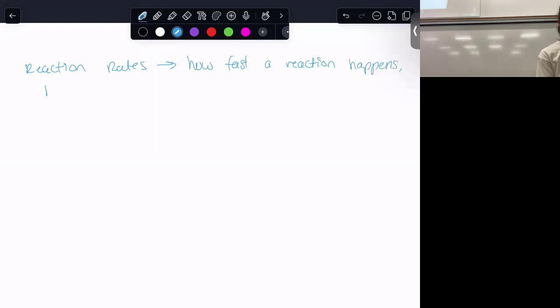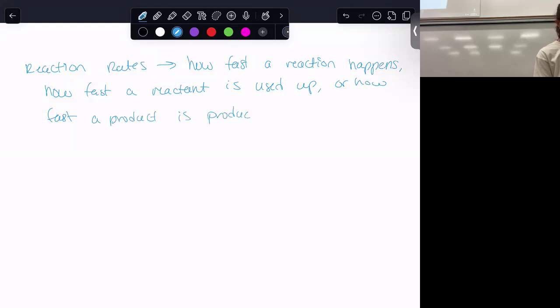Or it can be how fast a reactant is used up, or how fast a product is produced.